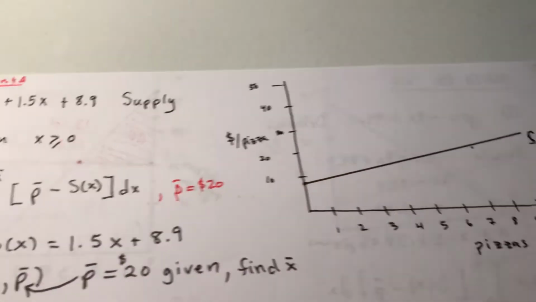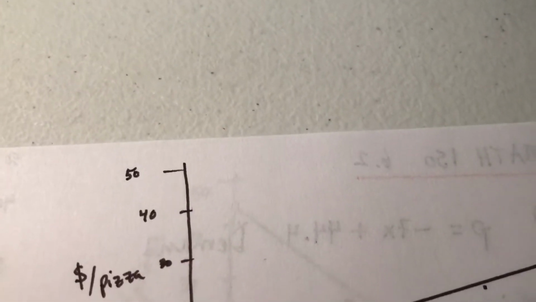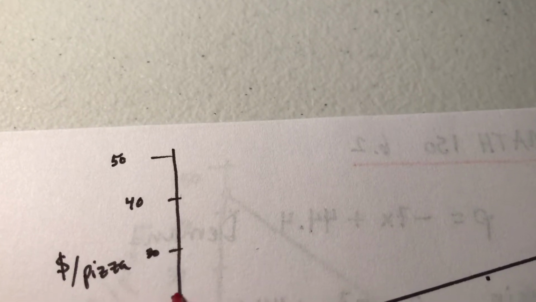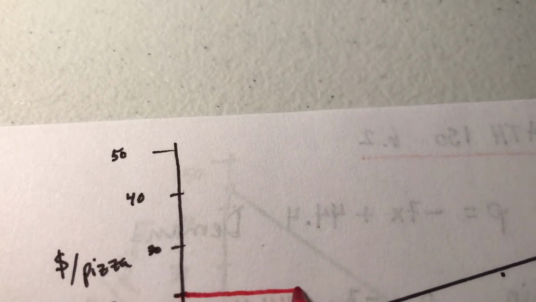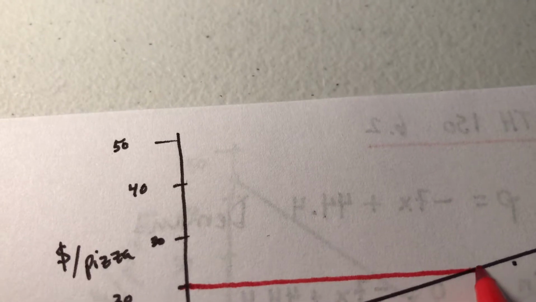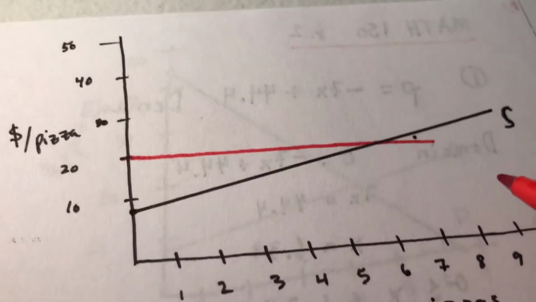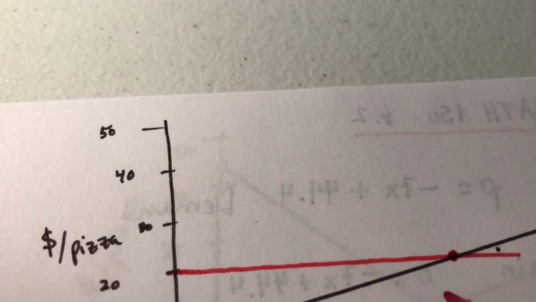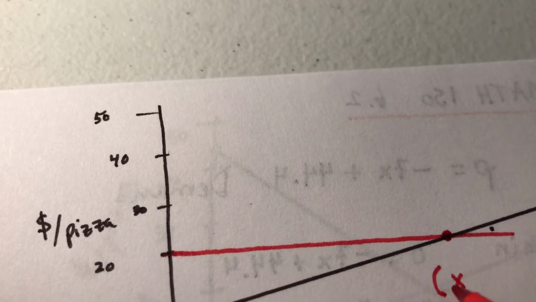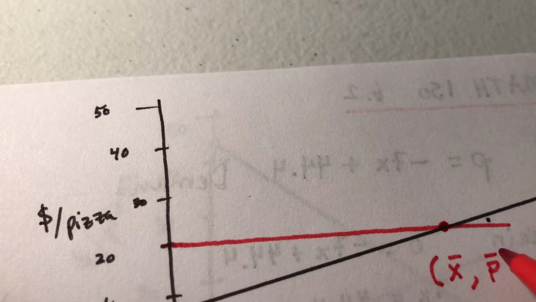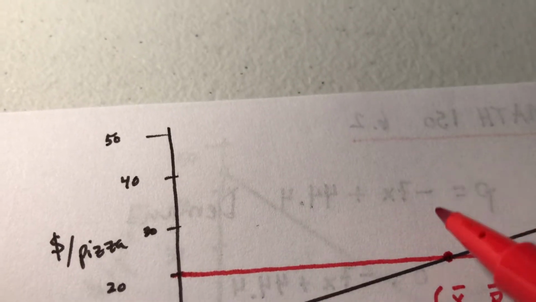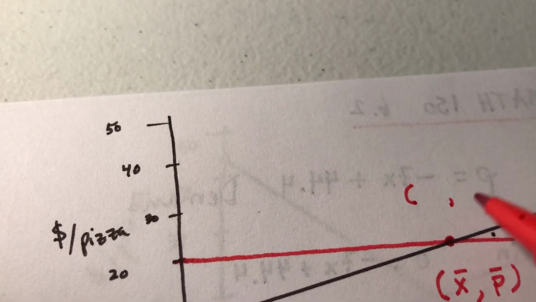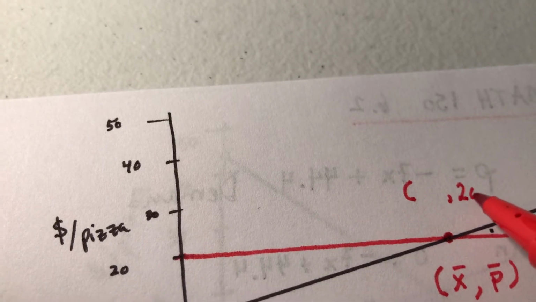So at that price level, here's 20, and I'm going to draw a horizontal line, and it hits my supply somewhere in there. That was not quite as straight as I wanted, but this is that ordered pair, x bar, p bar, and we're going to have to find the x bar. We have that p bar is 20.